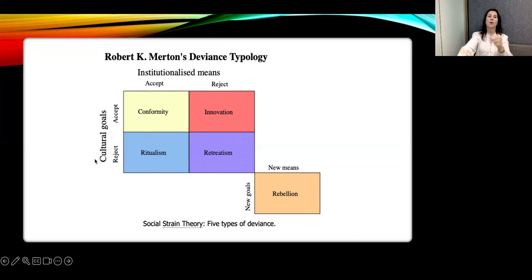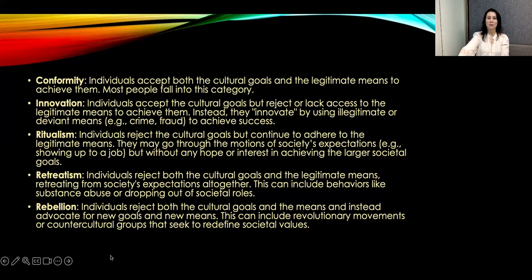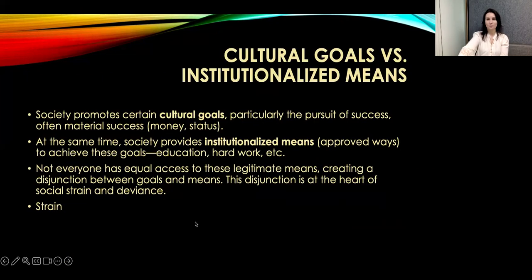Maybe they can take part of cultural goals. Maybe they don't take all institutionalized means, but they will take part of it. So Robert Merton's typology, they argue, fails to include everyone in society and overgeneralizes. However, I do believe that Robert Merton's work gives us some frame to look into society and understand people.